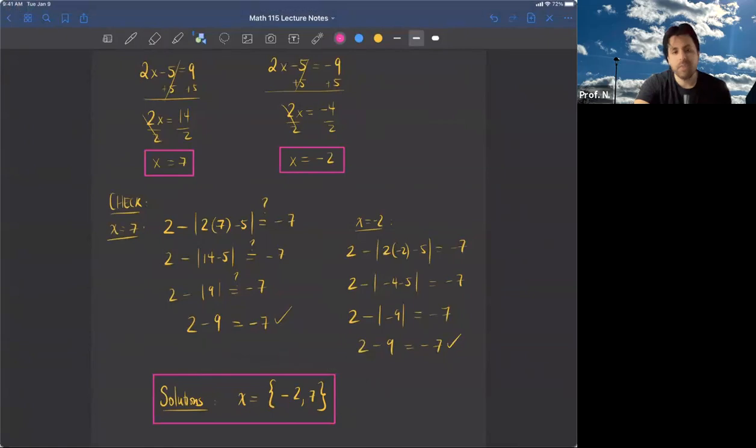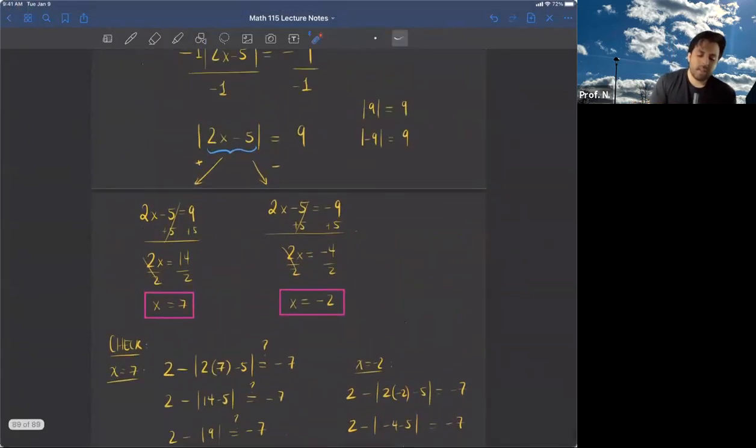So I got -2 because of the idea that this is my absolute value function, right? And so the inside function here could be positive 9, or it could be negative 9, correct? Because wherever I plug in here, this whole expression has to be a positive 9, or it could be a negative 9, because the absolute value of a positive 9 is 9, and the absolute value of a negative 9 is also positive 9.